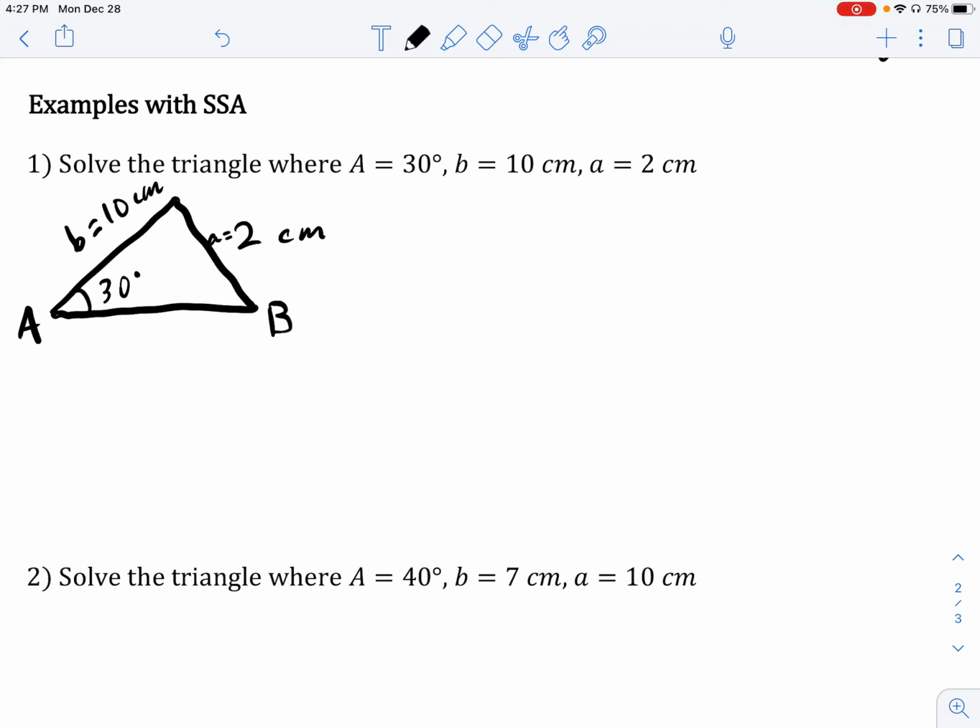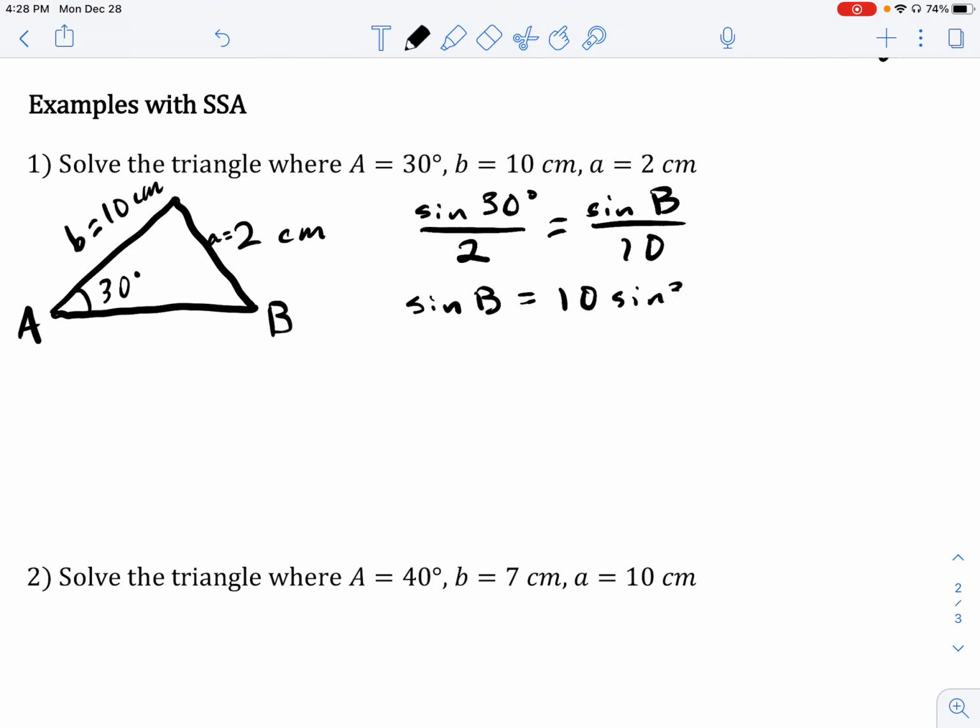The sine of angle A, in this case the sine of 30 degrees, over its opposite side, which is 2, is going to be equal to the sine of whatever angle B is, which is what I'm hoping to solve for, over its opposite side, 10. Now, I'm going to cross multiply to try to isolate sine B. So sine B is equal to 10 times the sine of 30 degrees, all divided by 2.